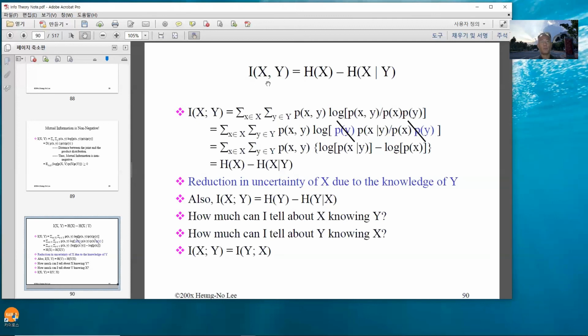So this mutual information tells you, given Y, how much information, because you are removing the uncertainty on X by knowing Y, that means how much one can tell about random variable X, how much information is left on X knowing Y. So that is the notion of mutual information.